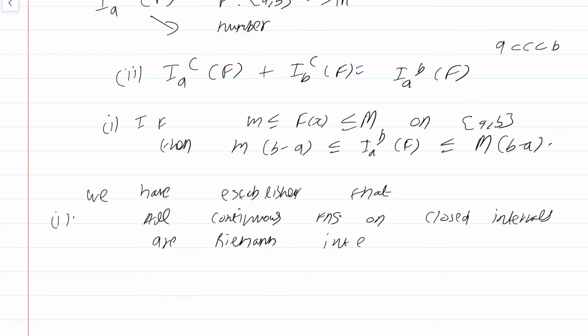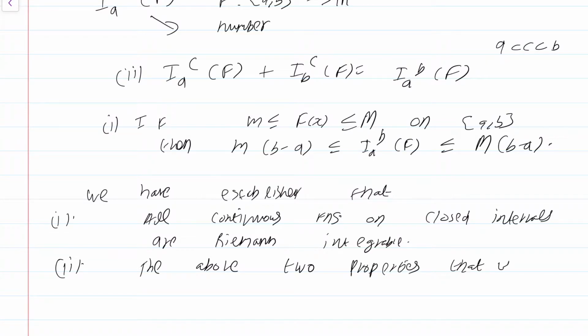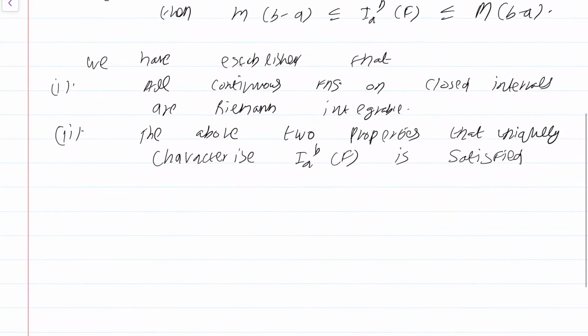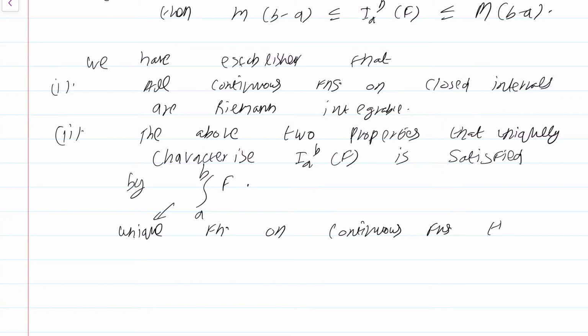Then we have also established that the above two properties that uniquely characterize I_AB of f is satisfied by the integral from a to b of f. So that means that this is the unique function on continuous functions that satisfies the axiomatic characterization.